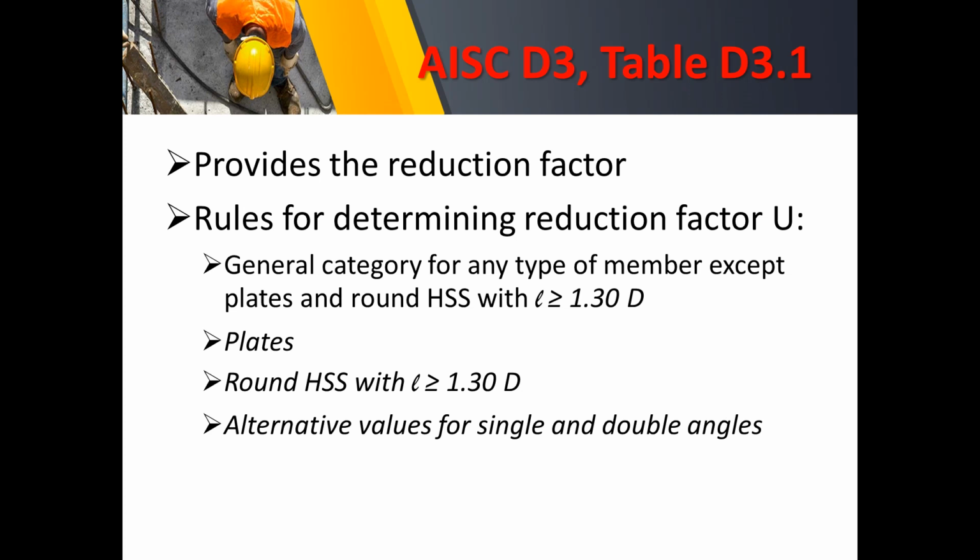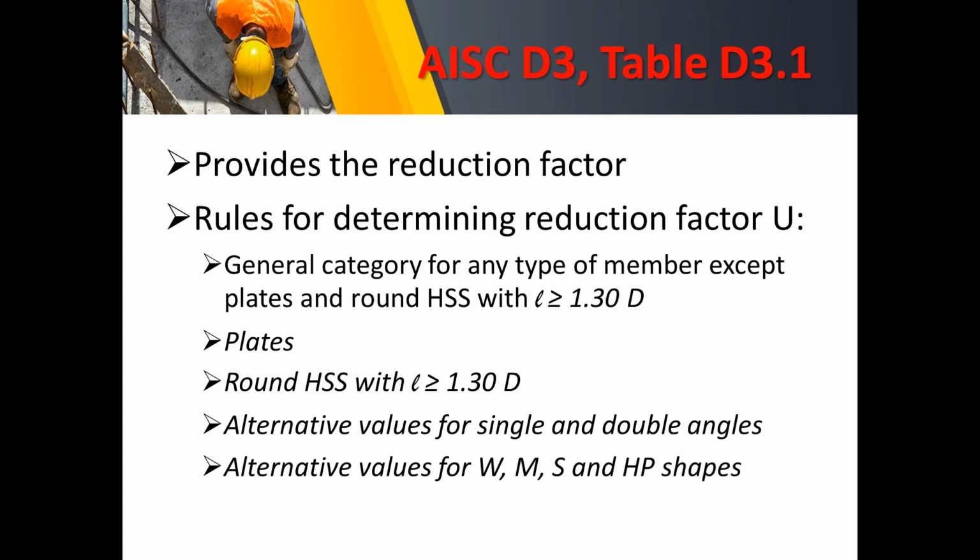Double angles are a combination, or what we call build-up sections. We also have alternative values for W shapes, or wide flange shapes, and the M, S, and HP shapes.